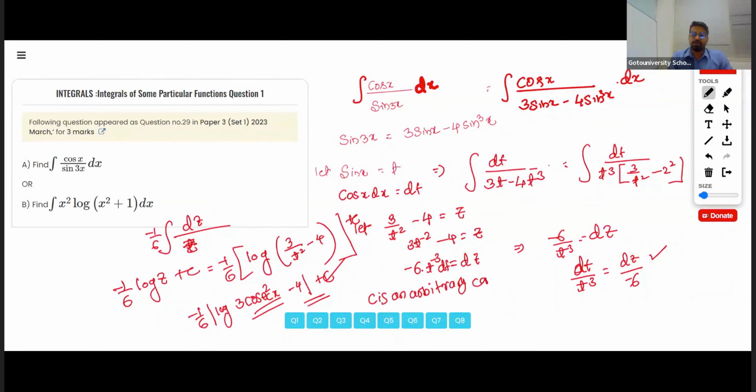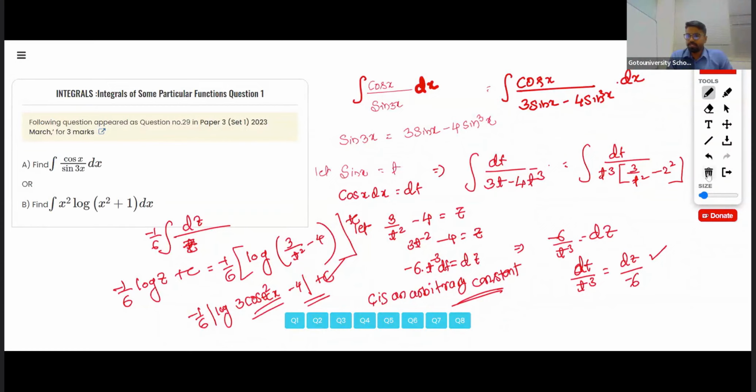If there is someone who is strictly vigilant, they can give an excuse to remove the marks. So we always mention C is an arbitrary constant. Okay. This may be a very lengthy process, but if you understand all the steps and the logic properly, you will not miss any of the steps. Okay. That's your answer. I hope this is clear.